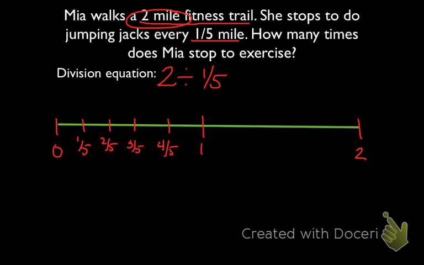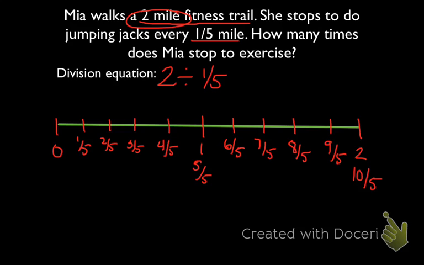And 5/5 of a mile is also equal to 1. We already know that. Then we'll keep going. We'll have 6/5, 7/5, 8/5, 9/5, and 10/5, or 2 wholes.